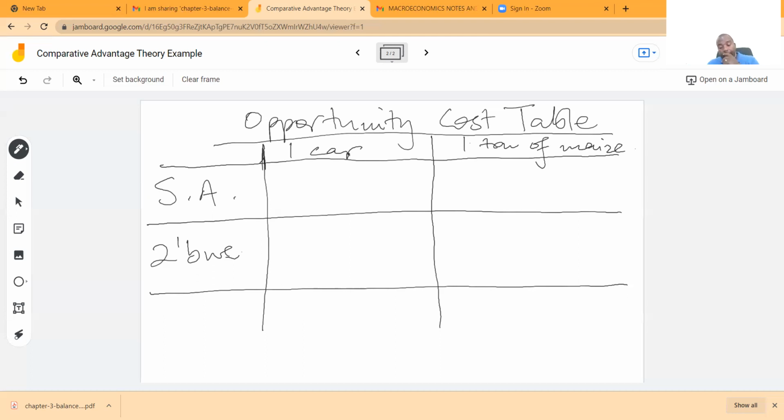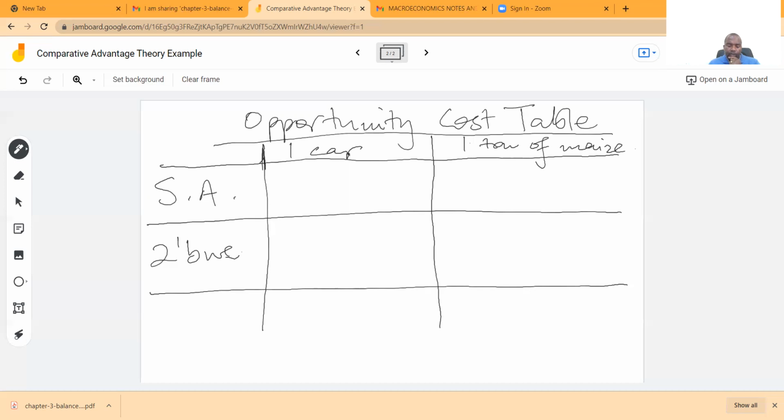So how do we calculate our opportunity cost? We ask ourselves, what is the opportunity cost of producing 1 car in terms of maize? Because if South Africa were to specialize in the production of cars, she will have to forego the production of maize. We know for 2 cars, South Africa would have to forego 8 tons.